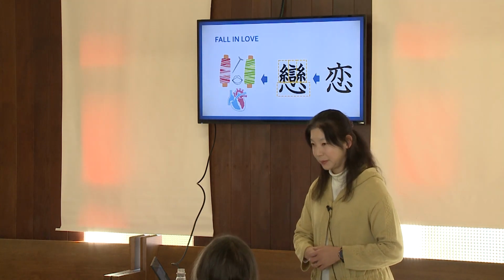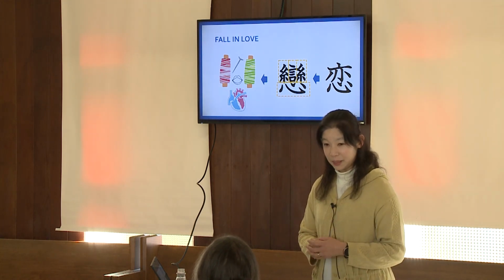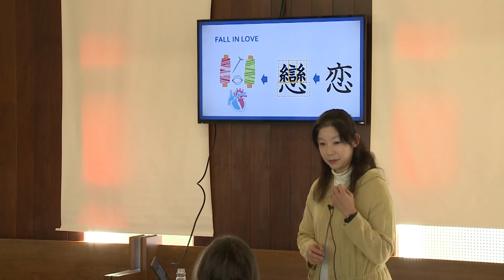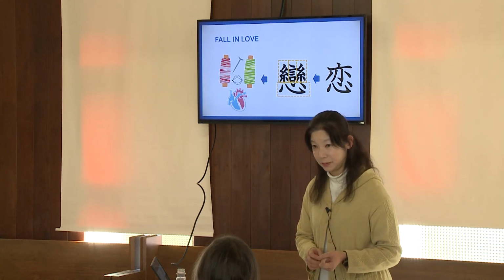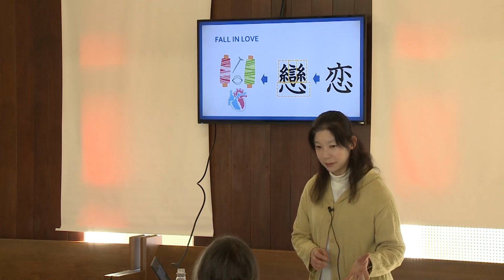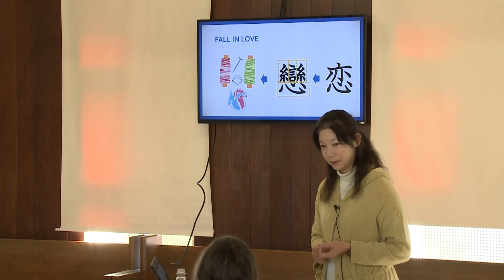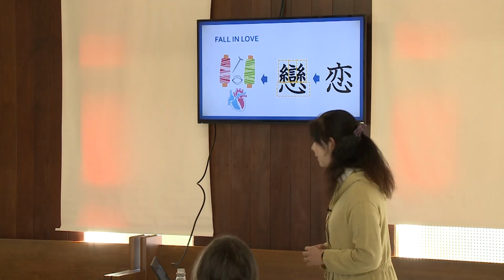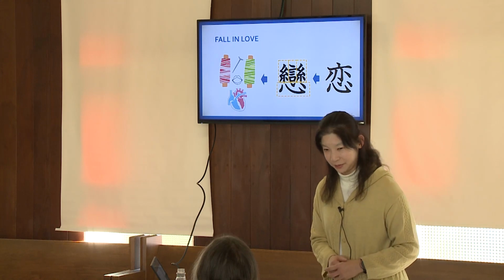So ancient times, to speak or to say is really important. That if your word is false, then you will be punished. But in this character, it is not that serious.